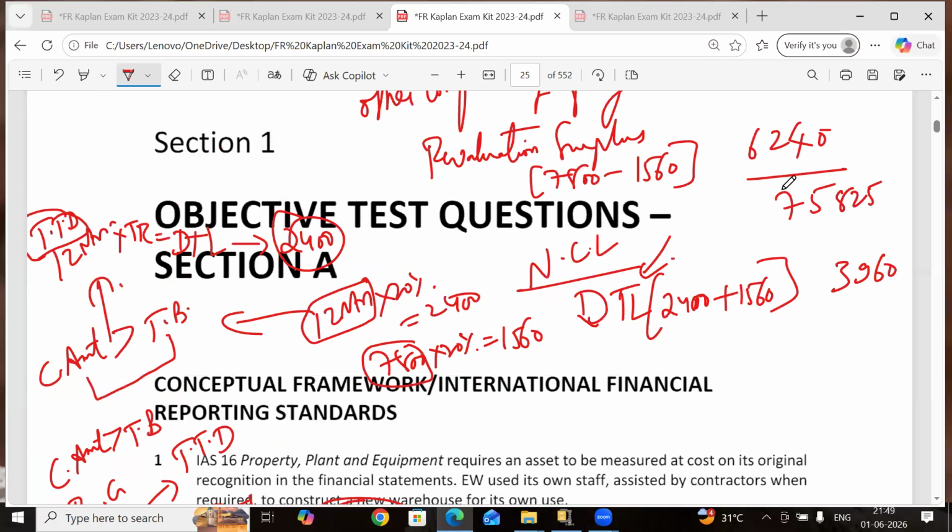Now, finally, convertible loan notes. We have already done the calculation for convertible loan notes, right? What was the calculation we did?